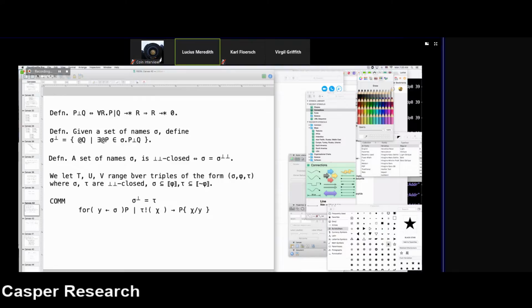And so what we insist is that the sigma and tau have this perp relationship. So the things in here are screwed up by or evaporated by the things in here. I should also include that tau perp is equal to sigma.